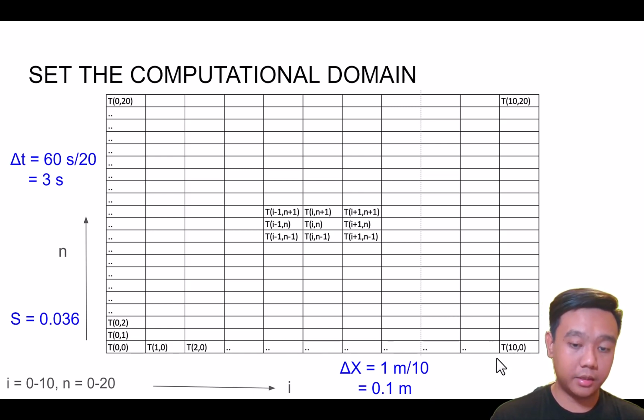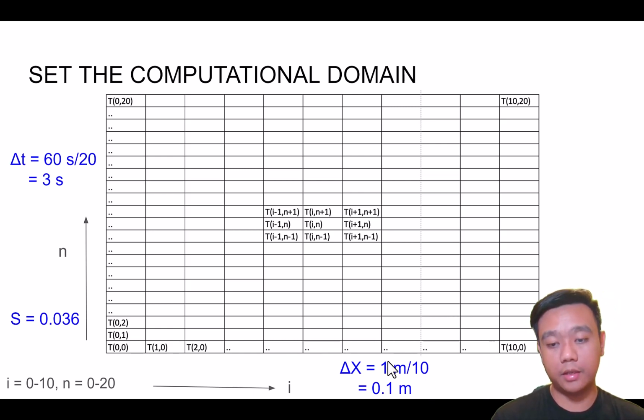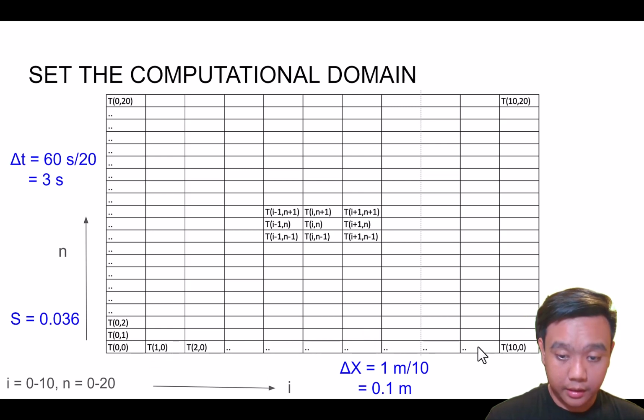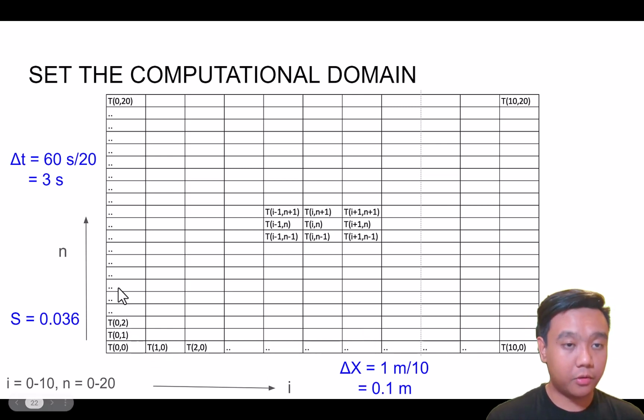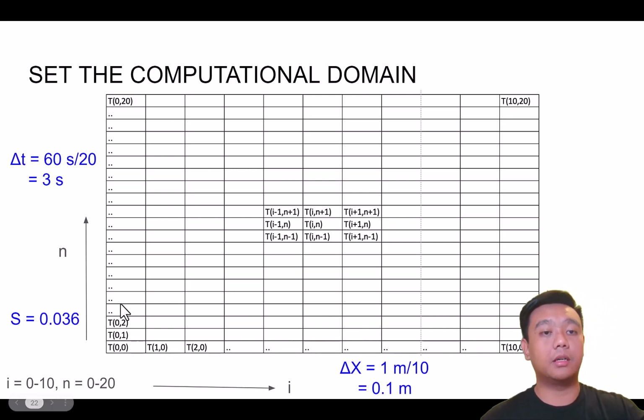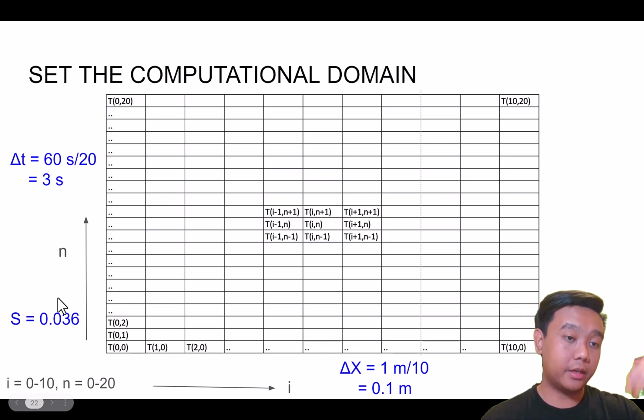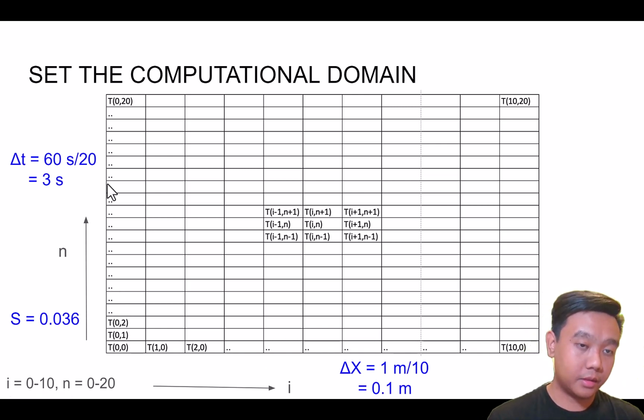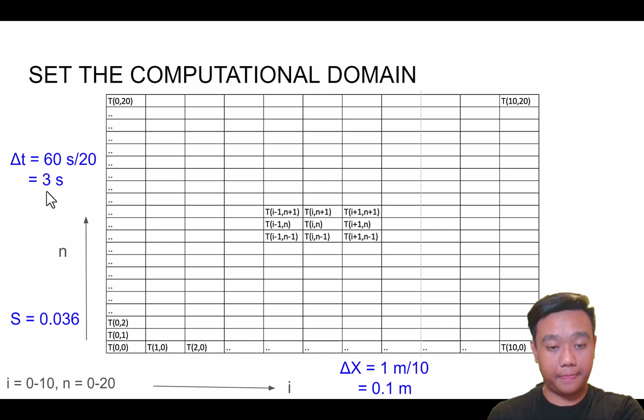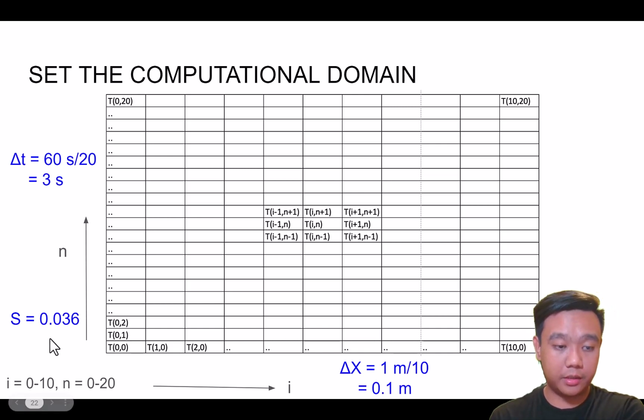So the delta x will be 1 meter divided by 10. And also for the vertical direction, or the time direction, it will be 20 nodes also. So the delta t will be 3 seconds. So from here we can calculate the s value.